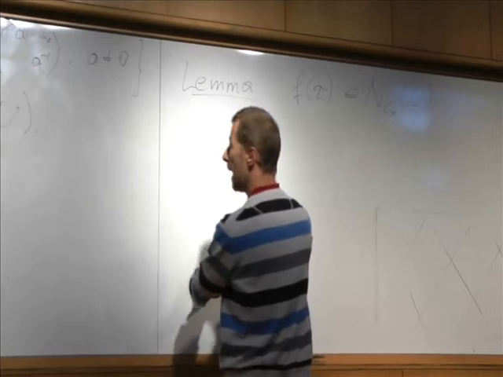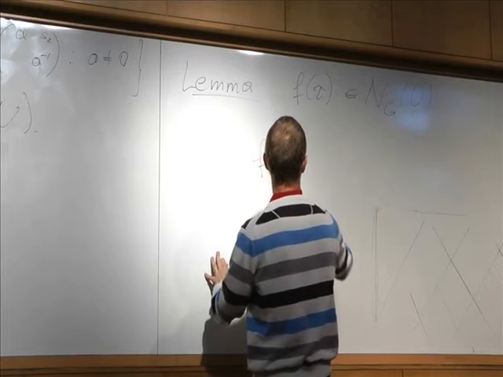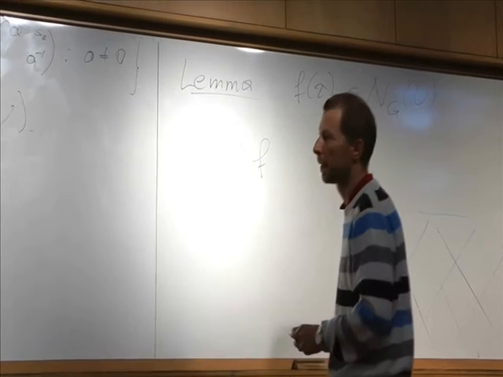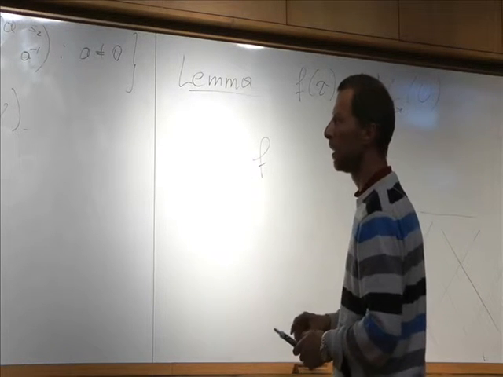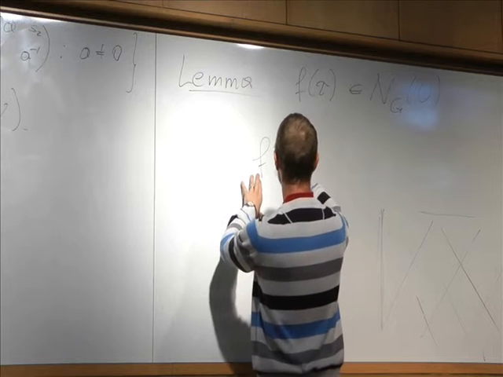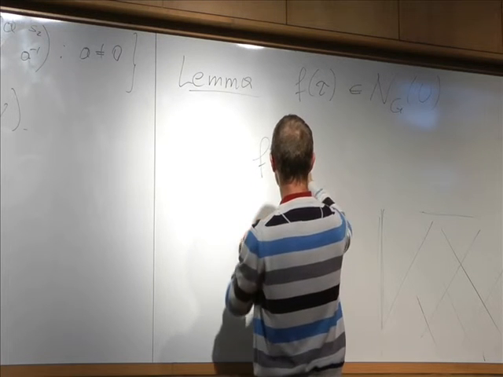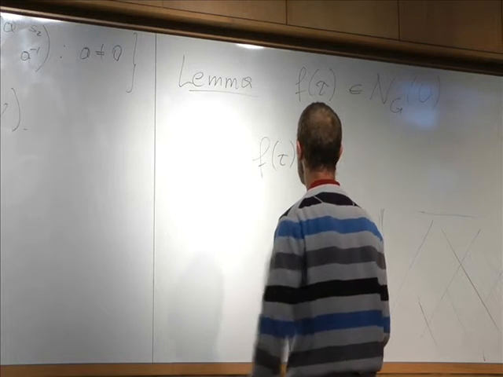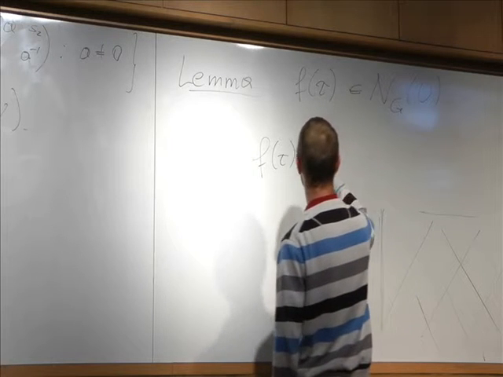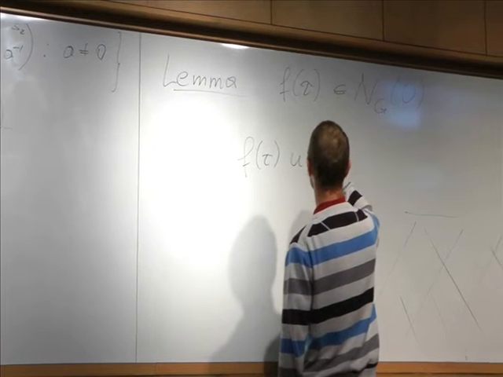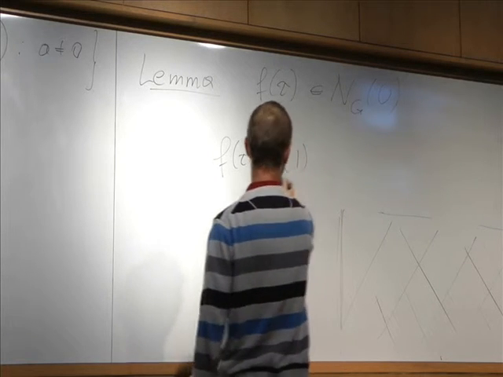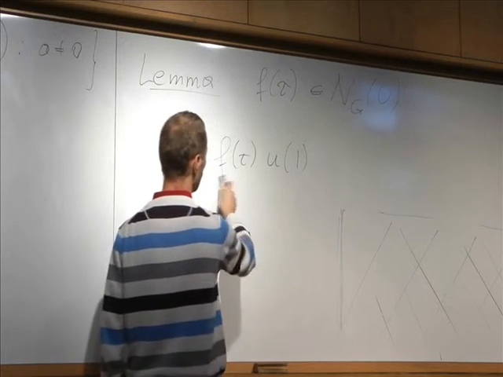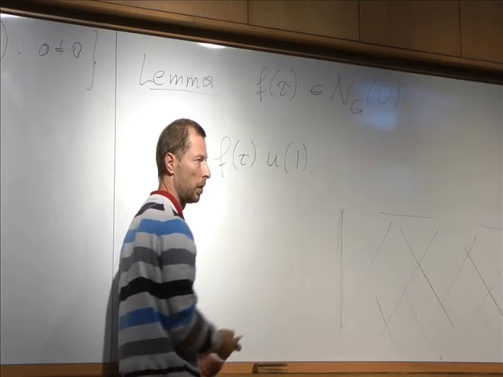You look at the F. Easy but might be confusing. So what I want to do is I want to take f of tau and add here a u1. That's the u that actually appears in my definition of my f.